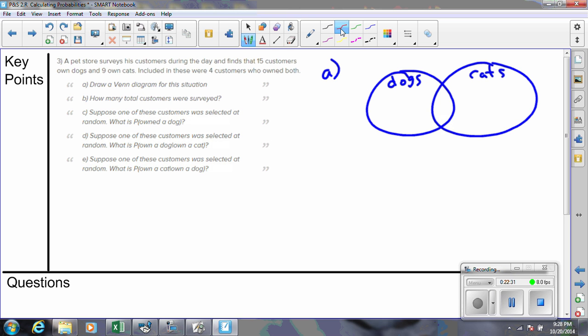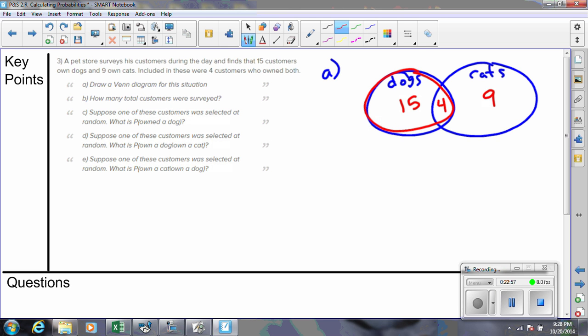Okay, remember, in the dogs section, the entire circle needs to have 15. In the cat circle, the entire circle has to have 9. But we were also told that there were both. Well, when you look at the total dog circle, that's not 15 anymore. We've gone too far.